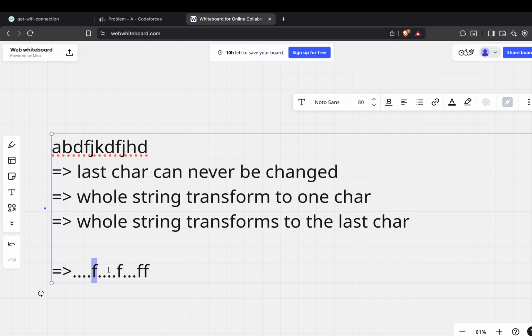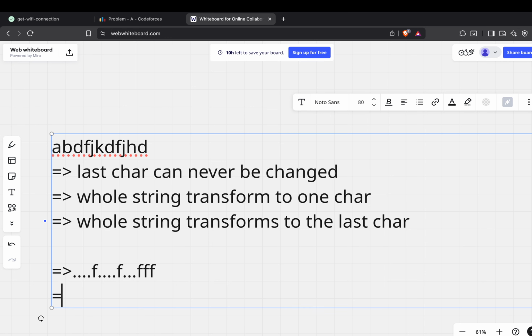Am I correct? So we can apply an operation starting from the last character, and whichever character is not equal to the last character, we apply an operation on that character with its next character. Like there was a and the next character was f, which is equal to the last character. Apply operation. So how many operations do we apply?